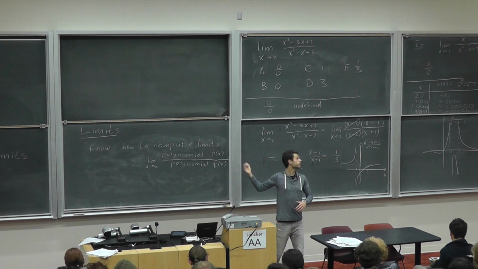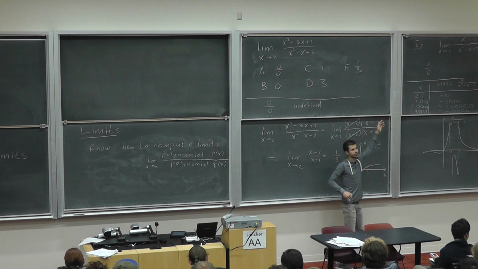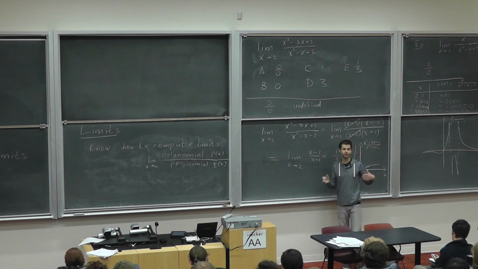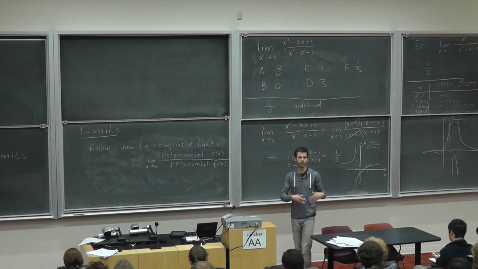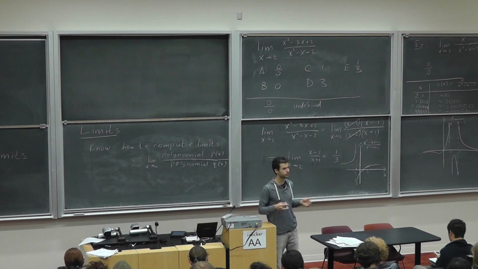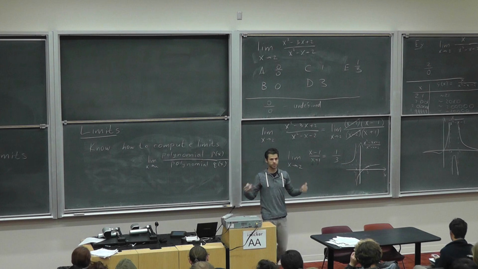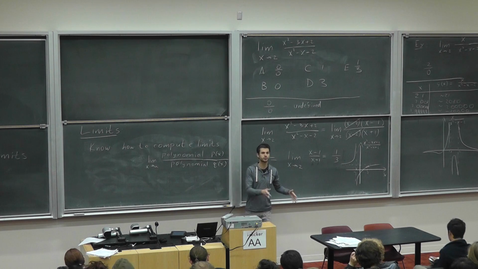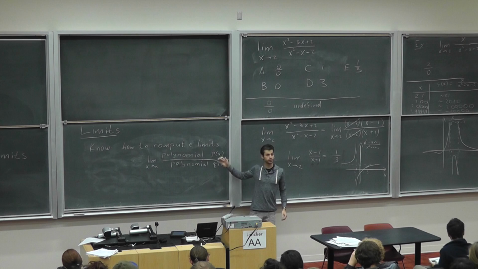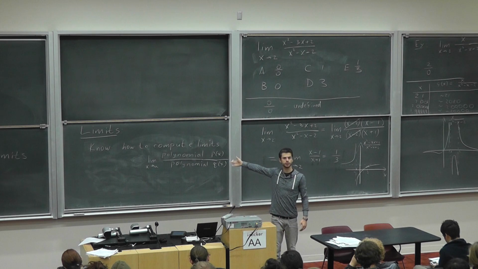So when I say polynomial, I mean just something like this. X squared times some number, maybe x cubed times some number, pluses or minuses in between. So an expression of this kind. So sum of powers of x with some coefficients. And we just discussed how to compute these limits.